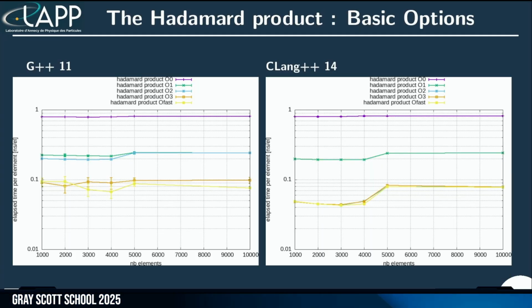So if you fix this problem, you get this kind of performances. If we compare G++11 and Clang 14, we have the same performances for O0, normal, we don't do any optimization. O1 is quite the same, but for O2, O3 and OFast, Clang++ seems to be quite better. Here they are, and here they struggle.